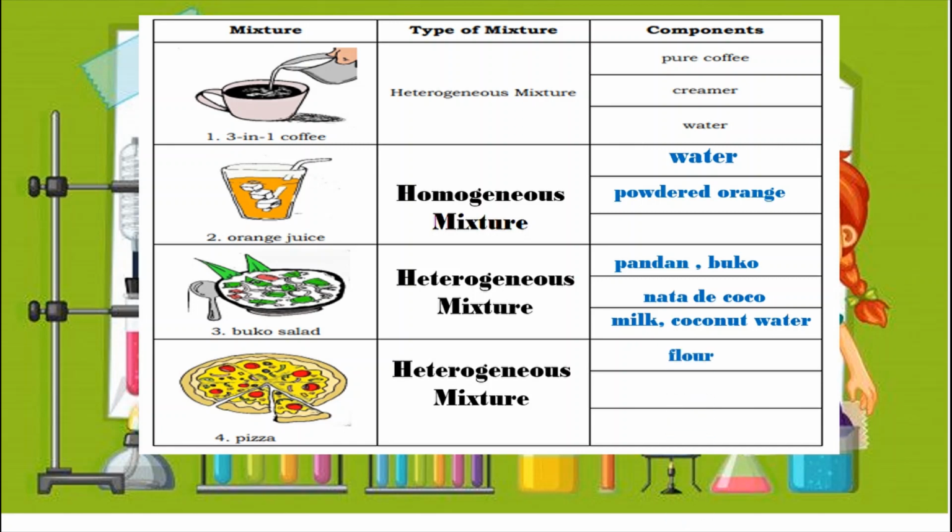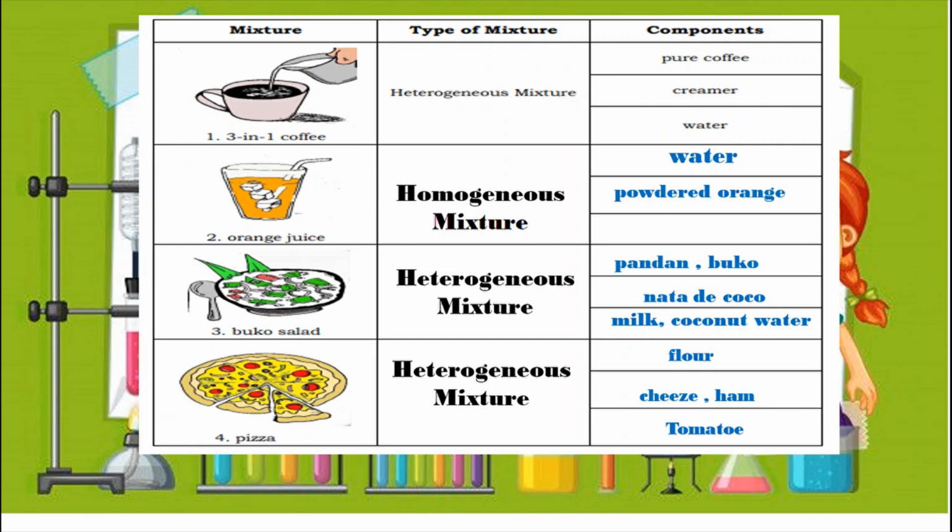Number 1, of course, ang flour nga gigamit sa dough ni ana. Tapos, ang cheese ug ham nga gitoppings. Of course, ang tomato or tomato sauce ba ni ana. So, mao na siya ang mga components nga para sa pagbuhat sa pizza. So, makita man nato, heterogeneous mixture siya.